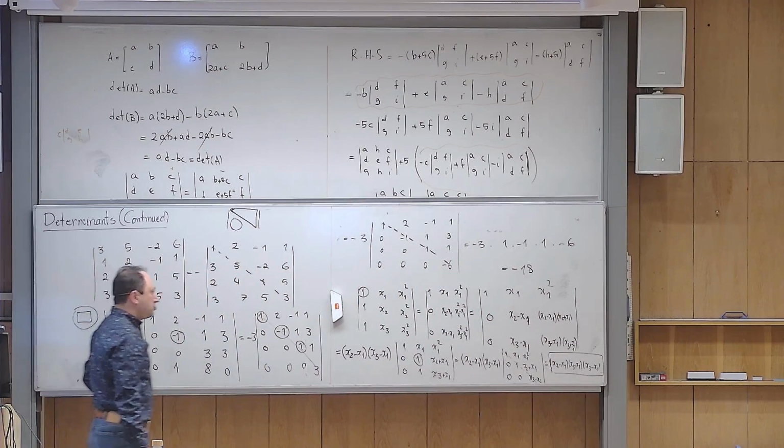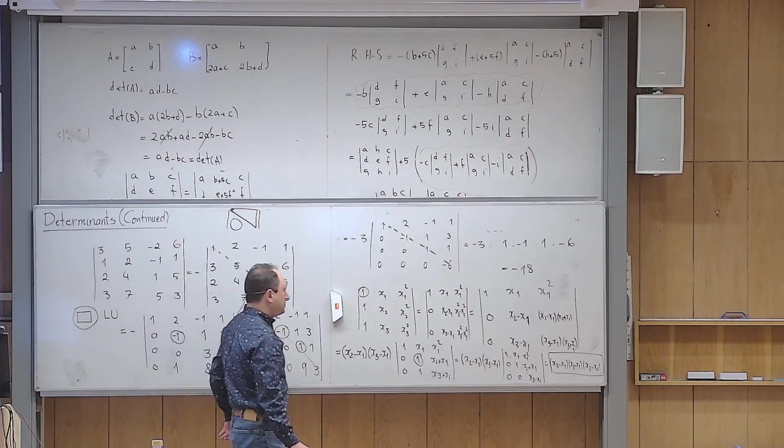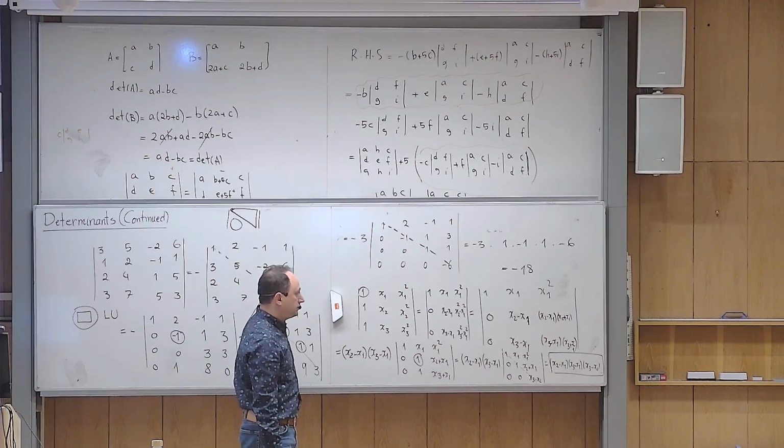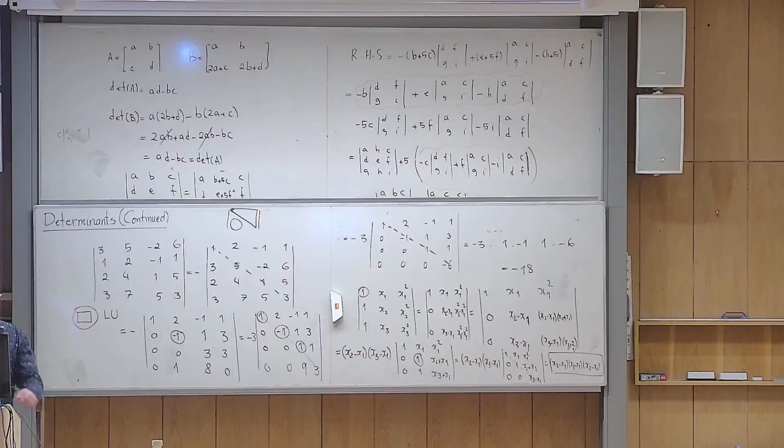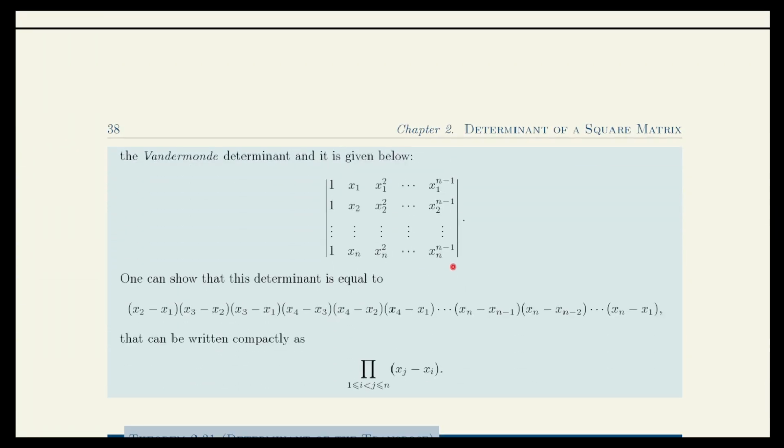This determinant becomes important if you want to find the best polynomial fitting some data. And this determinant is a famous one, which is called the Vandermonde determinant, okay? This is the name. And you can consider the most general case.